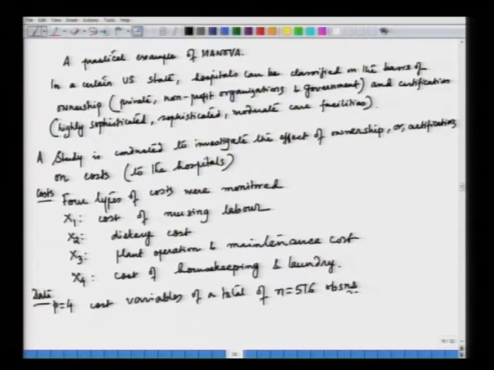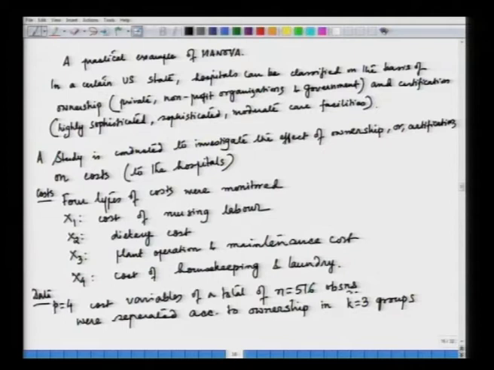Now, these observations were separated according to ownership, again to stress which factor we are considering at the moment, into k equal to 3 groups.